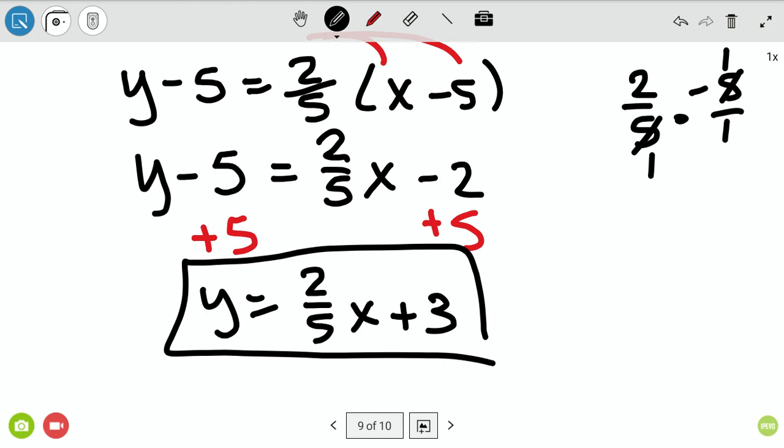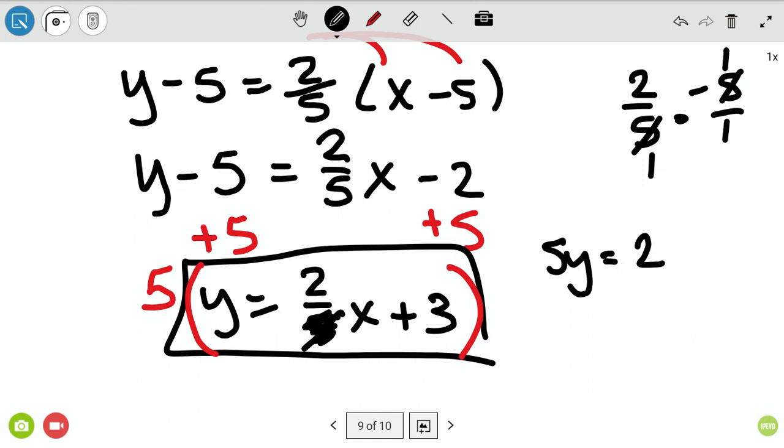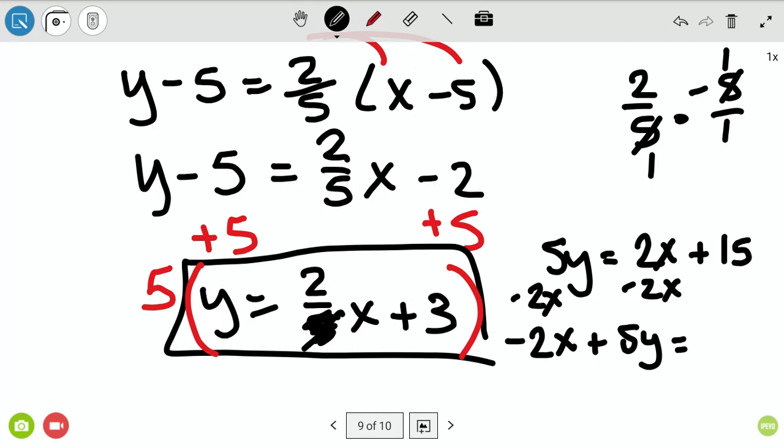Well, we know to get it to standard, we multiply by that denominator, which is 5. And so we have 5y equals, the 5 cancels out, we're left with 2x, and then 5 times 3 is 15. Subtract the 2x, and we get negative 2x plus 5y equals 15.